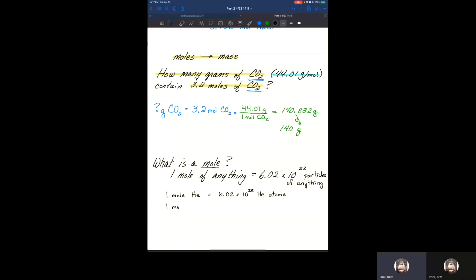One mole of sodium chloride, NaCl, there's 6.02 times 10 to the 23rd power NaCl formula units.